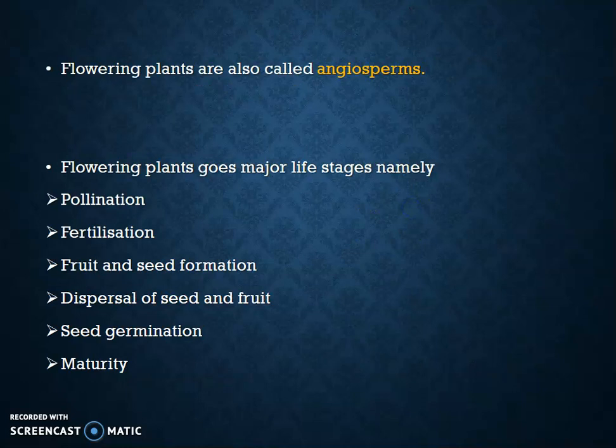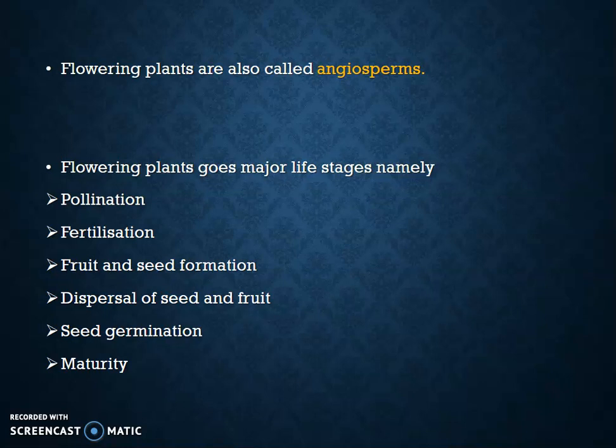Flowering plants, we learned in our previous video, are also called angiosperms, and they go through many processes right from the young part before we get to see the plant grown into a matured plant.